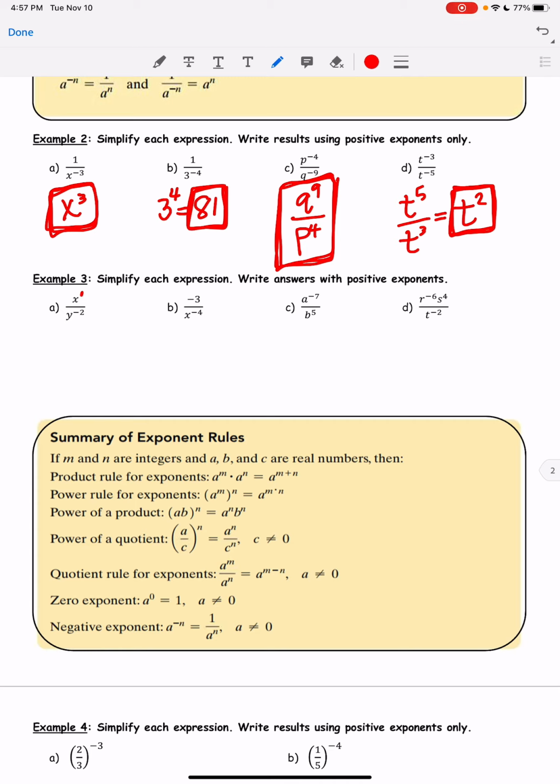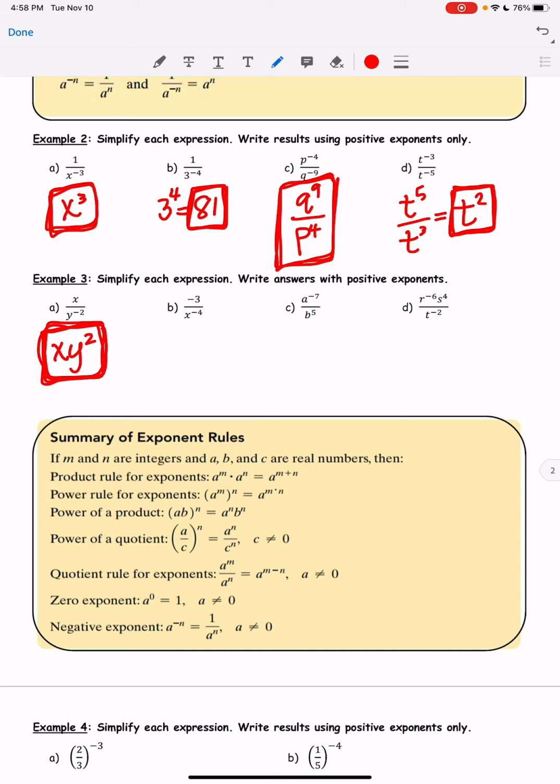That's to the 1st power. So I'm not going to move it to the bottom and change it negative. That defeats the purpose of writing our answers with positive exponents. What I am going to do is move that y up to the top. So I've got x y squared. So don't move everything. You're only moving what's negative to change it to positive.